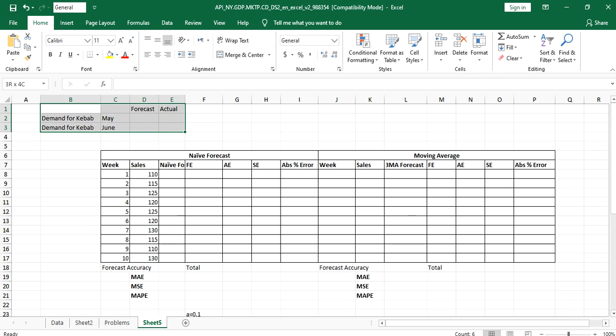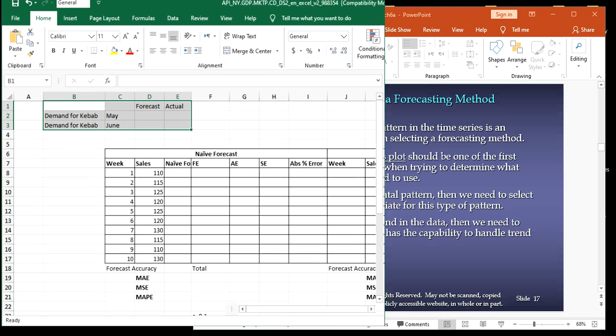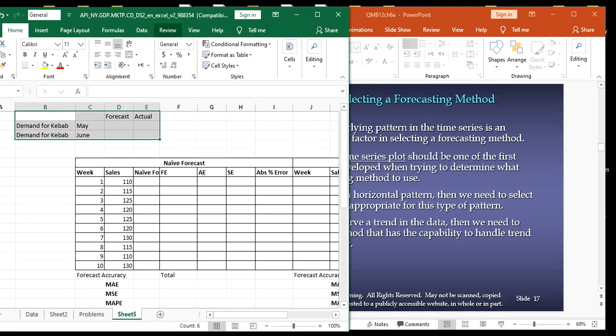Just focus on this part, please, with me. Here is a small example. Let's say a kebab restaurant is forecasting the sale to be 45 million dinars, okay, and in June to be 55 million, okay.